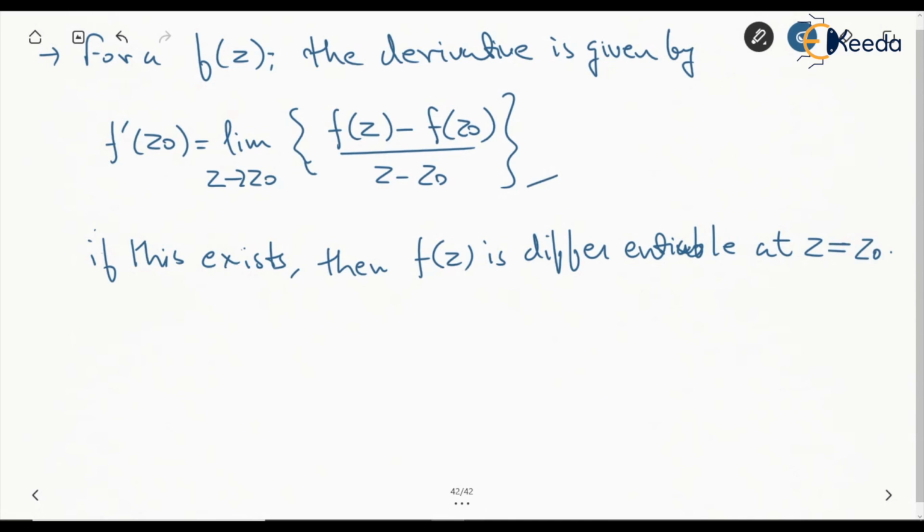If this limit exists, that is, the derivative exists in this case for z equal to z naught, then we say that the function is differentiable at z equal to z naught, right?